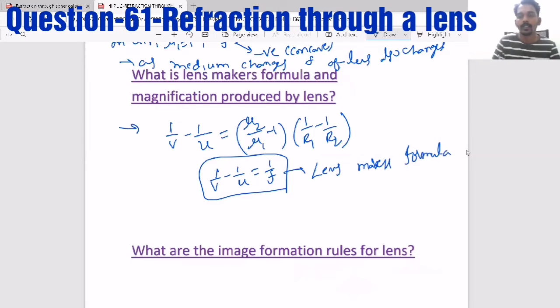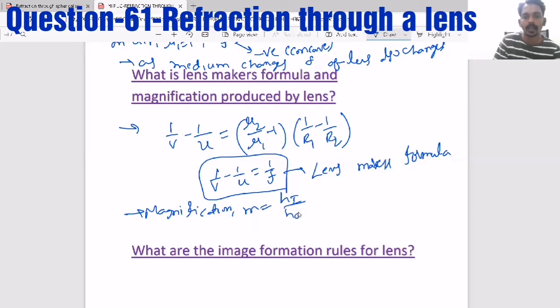Just like in case of a mirror, 1 by V plus 1 by U equals 1 by F, here 1 by V minus 1 by U equals 1 by F. And here also we have the formula for magnification, which is the same kind of formula. Magnification equals height of image by height of object, which is nothing but V by U.